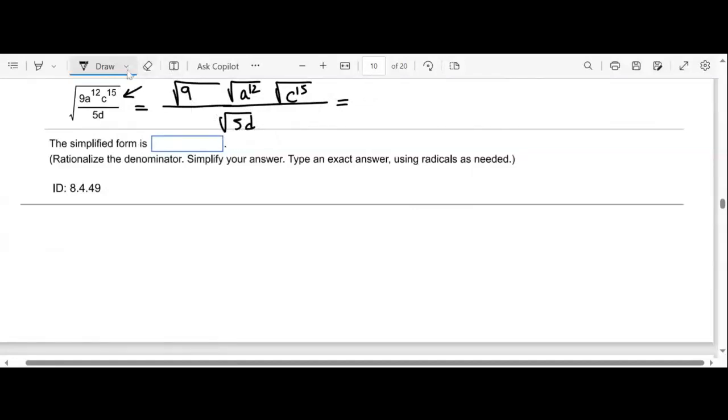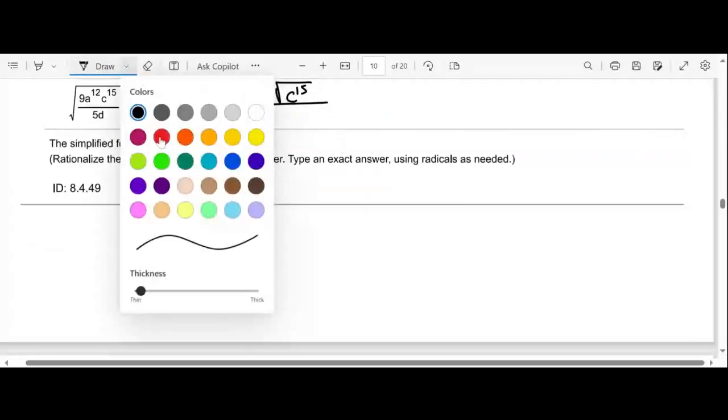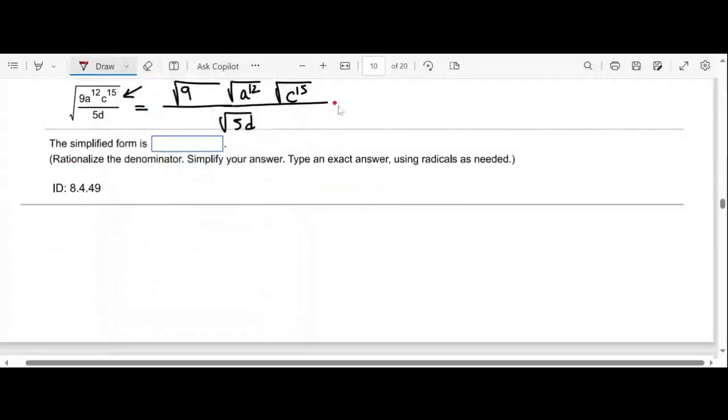I need to get rid of this. To get rid of this, I have to multiply the top by square root of 5d, and the bottom by square root of 5d. Why do I multiply? Because if you multiply this together, you get rid of the square root. So you get in the denominator 5d.